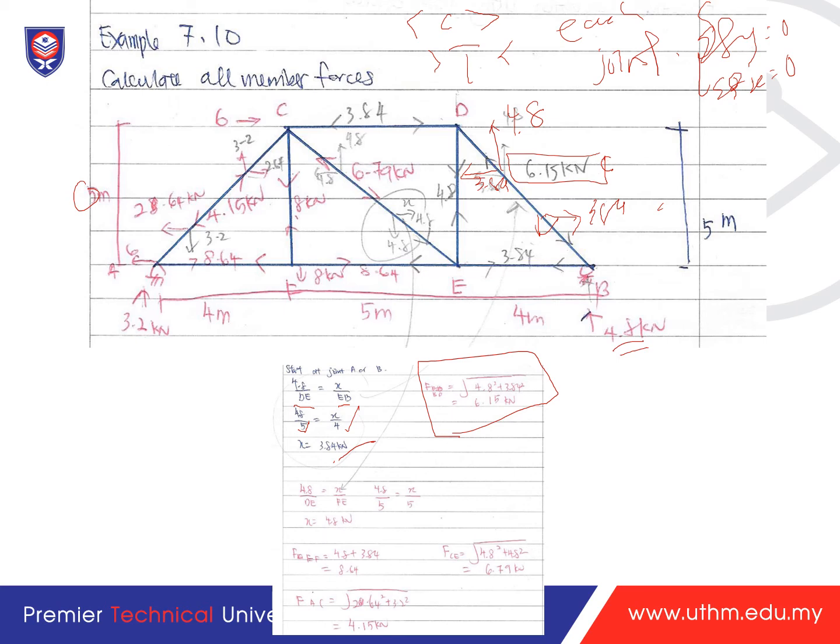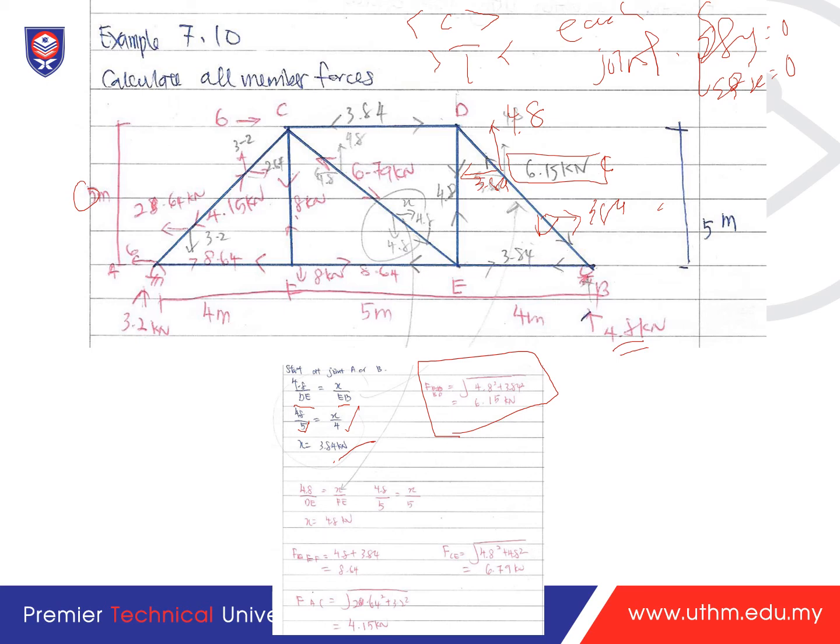After that, you can start to calculate at each joint using the same equations and the same method, breaking it into components one by one. From this point you will have 3.2.